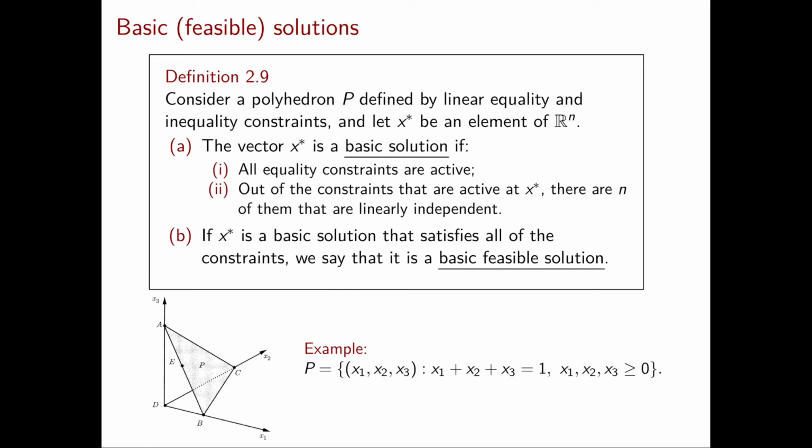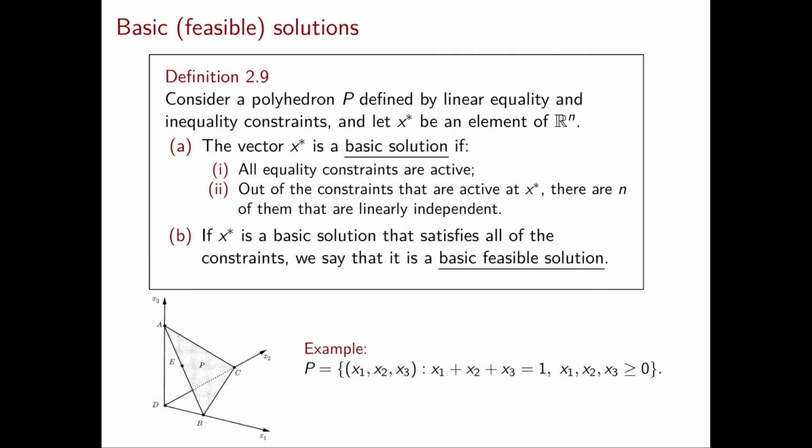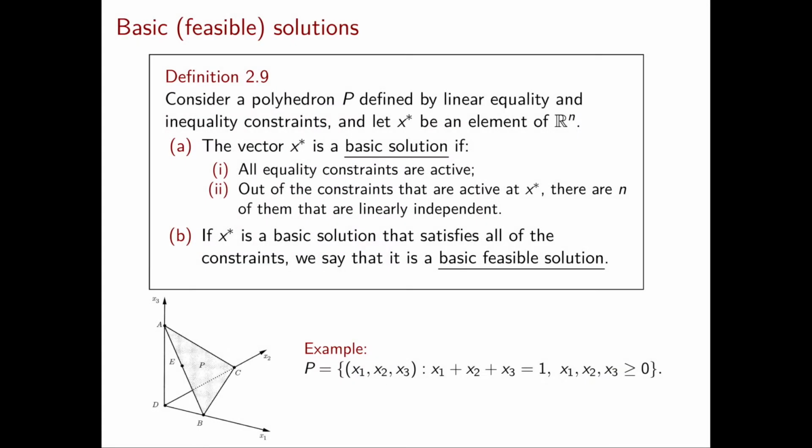These are three active constraints, and it's simple to see that they're all linearly independent. Therefore, this is a basic solution. To check if A is also a basic feasible solution, we only have to check if it satisfies all the constraints, which means if it is in P or not. Of course it is in P, therefore A is a basic feasible solution.